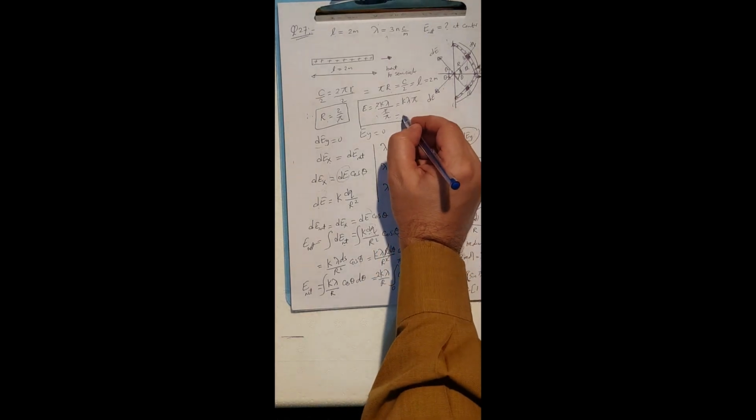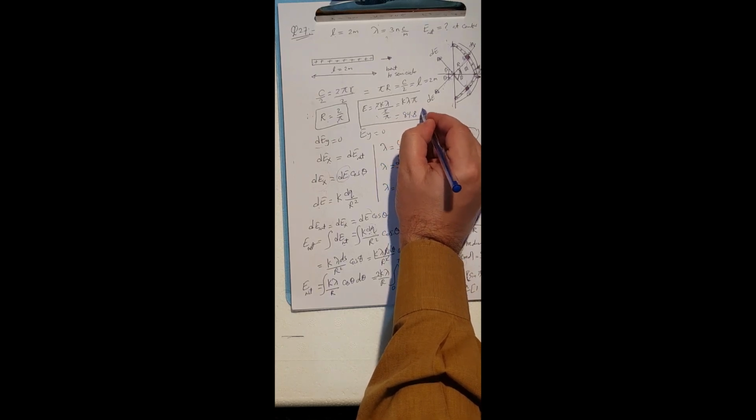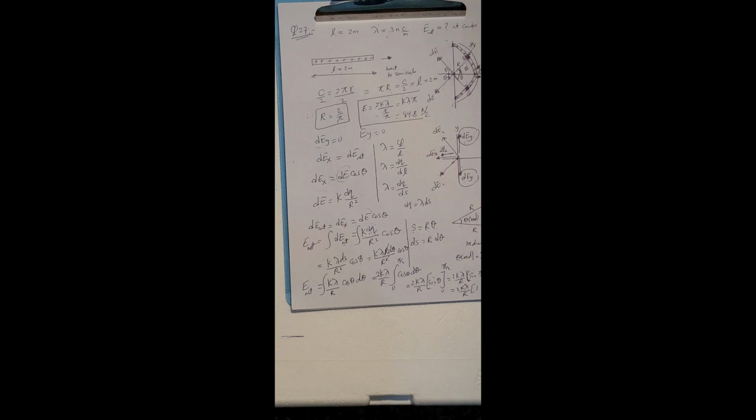So when you substitute all these values, you get the value E equal 84.8 Newton per coulomb.